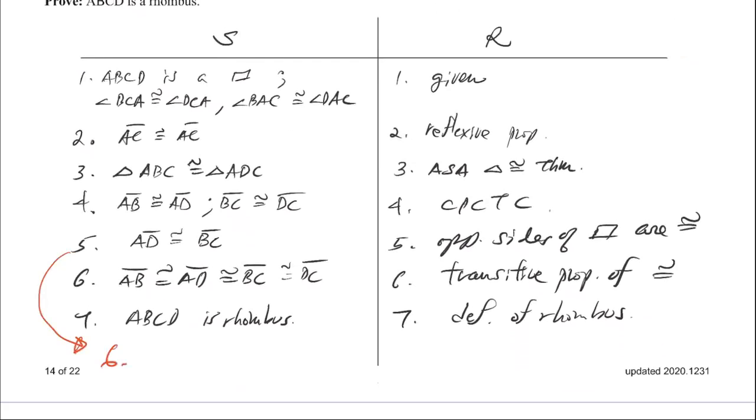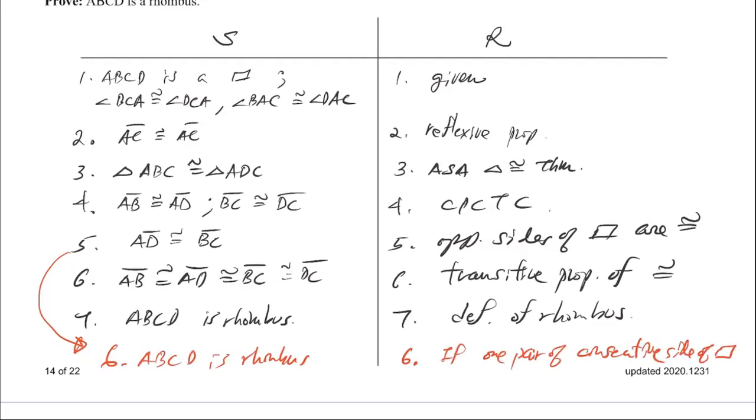The way that I expected you guys to do this was that ABCD is a rhombus, oopsie, because of the first theorem, which says that if one pair of consecutive sides of a parallelogram are congruent, then the parallelogram is a rhombus.